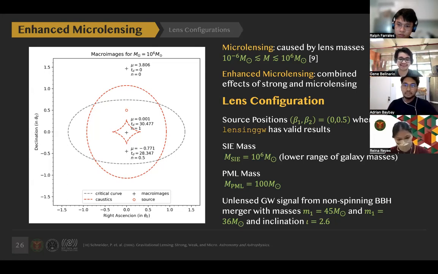Yes. For this case, it is a binary black hole merger. I'm not sure if you are familiar with LAL, the LIGO Algorithm Library. It has GW waveform approximants for binary black hole mergers, binary neutron star mergers, and neutron star-black hole mergers, so they differ.